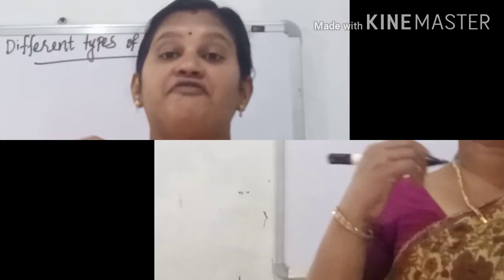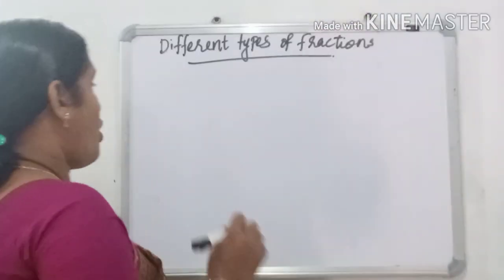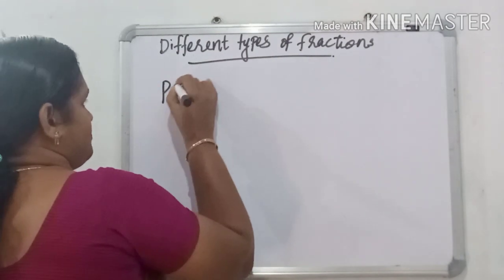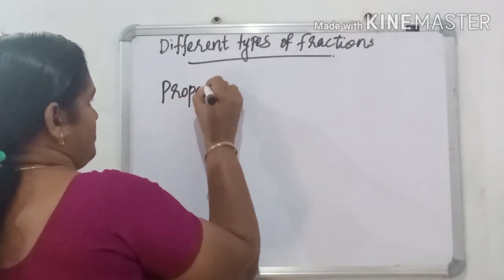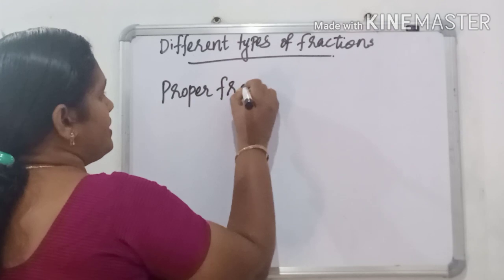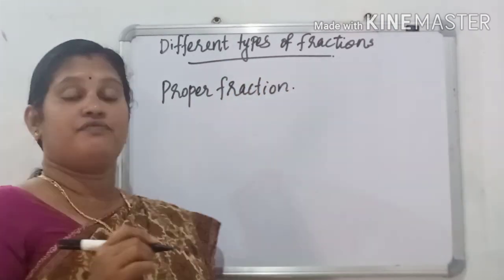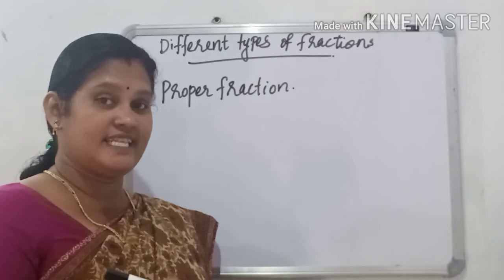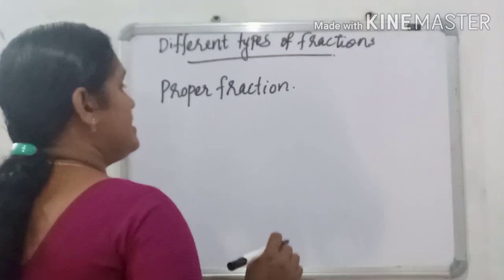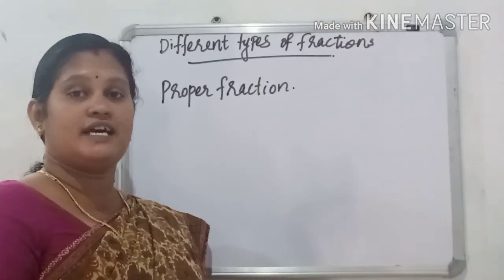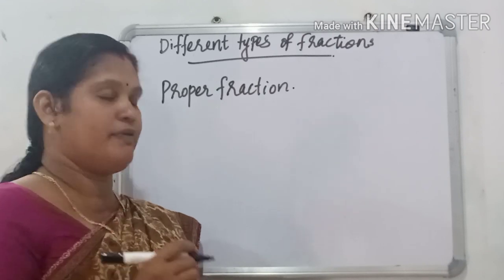Okay. Different types of fractions. First one, proper fraction. What is proper fraction? If the numerator is less than the denominator, such type of fractions are called proper fractions.